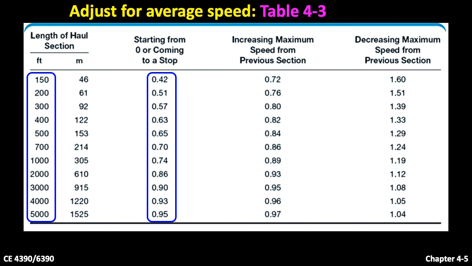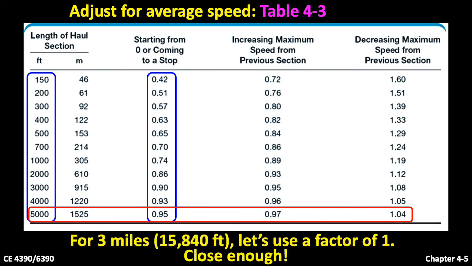Note that the speed factor becomes significant only for short hauling distances. Up to 5,000 feet, the speed factor is close to 1. In other words, the average speed is equal to the maximum speed. In this example, the distance is 3 miles or 15,000 feet, which is far above 5,000 feet. So let's use a factor of 1, which is close enough.